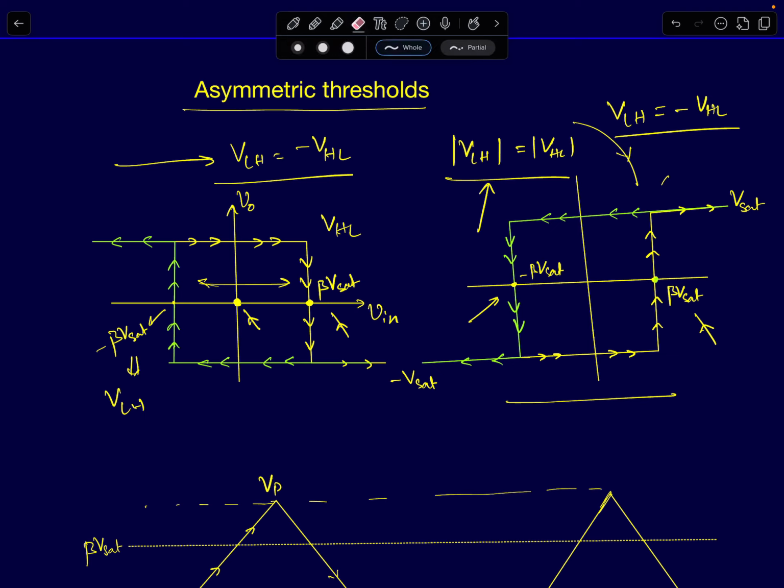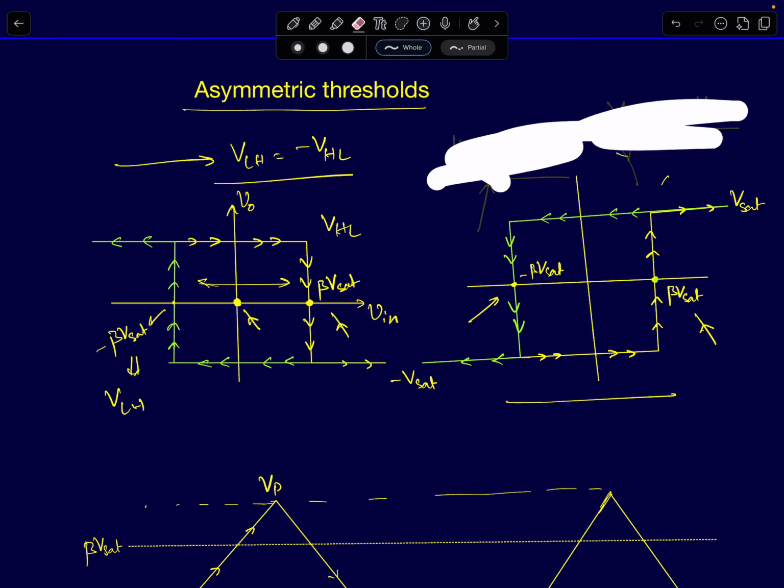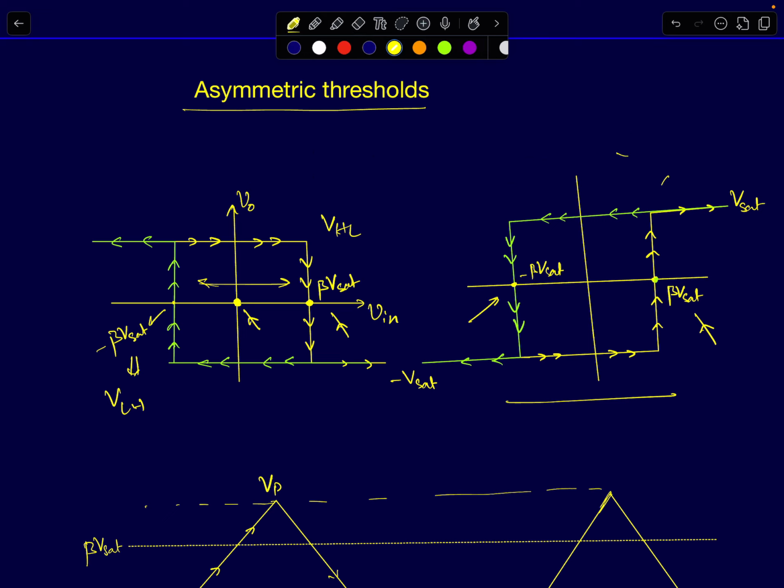Now what if I want a voltage transfer characteristic where this condition is not satisfied, where your low to high threshold voltage magnitude is not equal to the high to low threshold voltage? That is, I can have this transfer characteristic shifted slightly towards the right or towards the left.